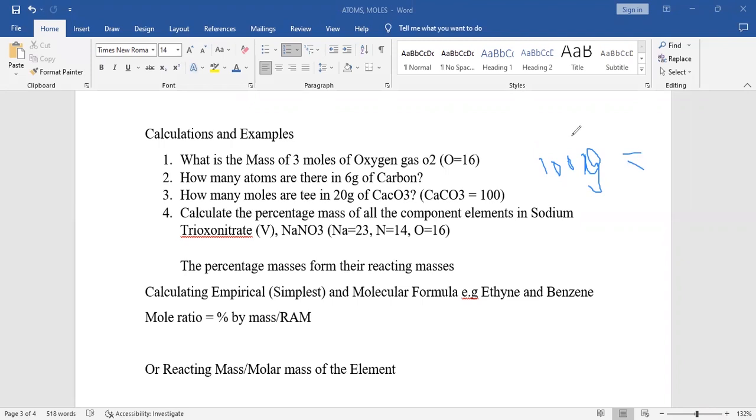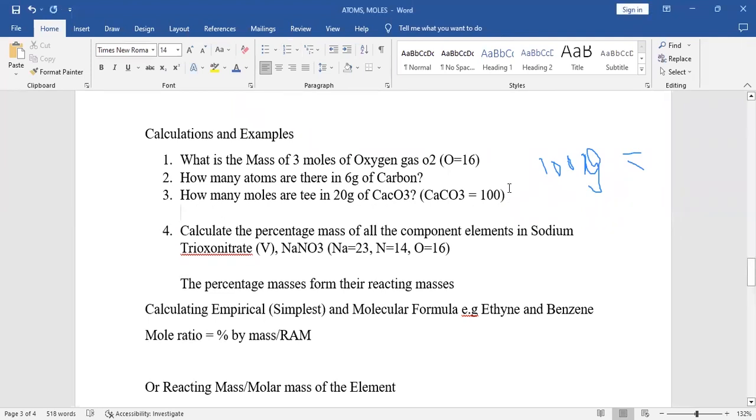In fact, let me use the typing instrument. So the way to solve this is this. You already know that 100 grams would give you what? 1 mole.